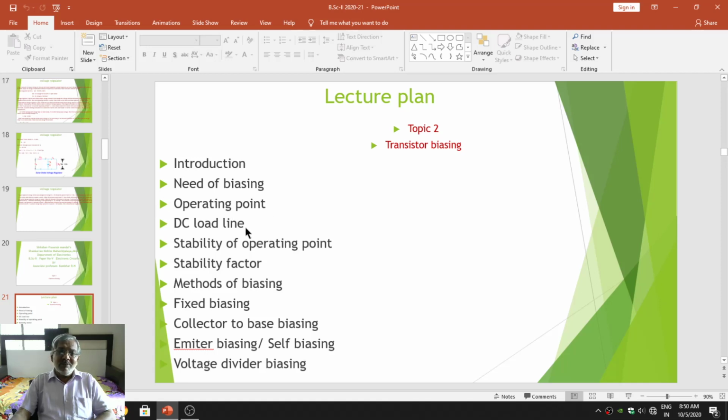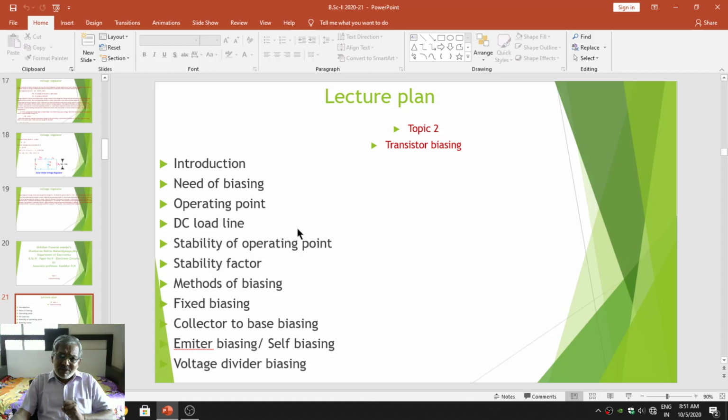Then we are going to study the DC load line, that is the meaning of load line, how load line is plotted, and how operating point is located on that particular DC load line. After that we are going to study stability of operating point.